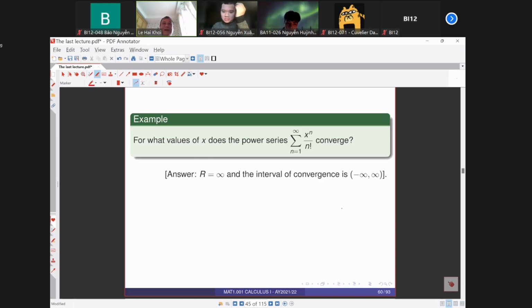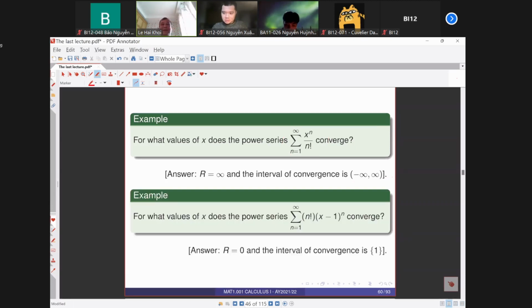The other example: find the interval of convergence of this series. Please do it by yourself. First, you can find the radius of convergence is infinity, which means everywhere. Then the second step is not needed because you already have the whole real line. Okay. So the other example, this power series, you should have R is 0.